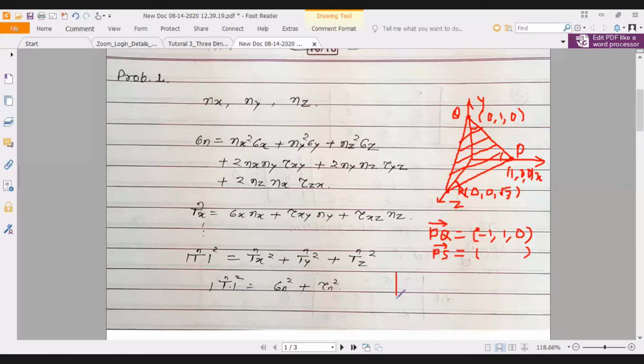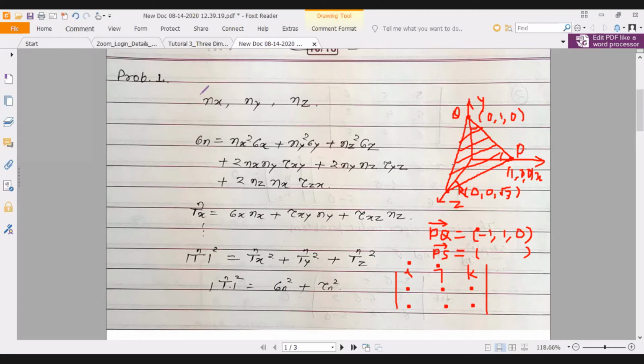So in the cross product with i, j, k, you put the coordinates of PQ, that is minus 1, 1, 0, and similarly of PS here. Now you come up with the line which is normal to this plane.